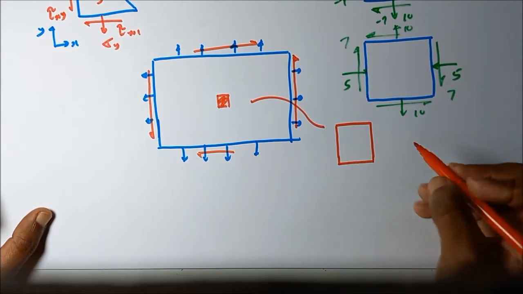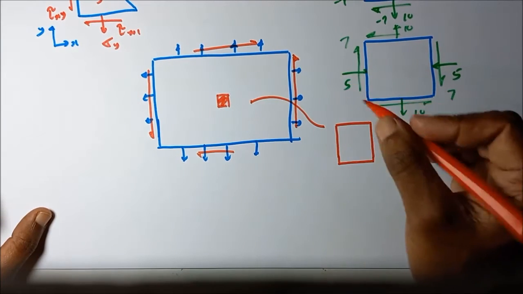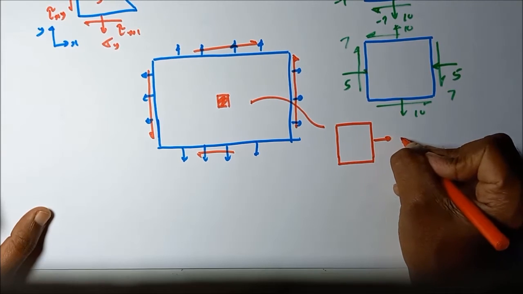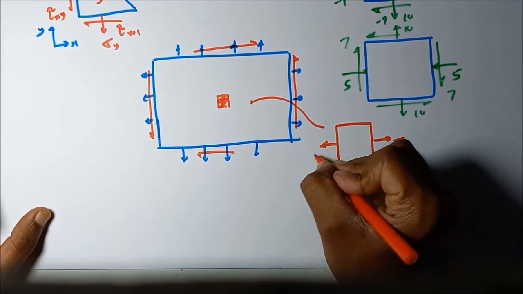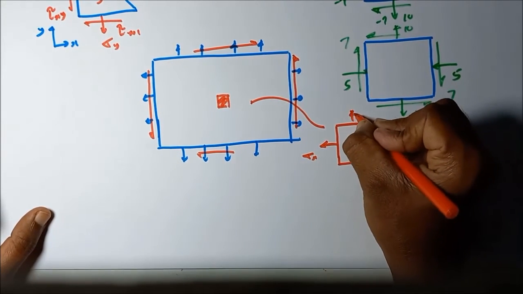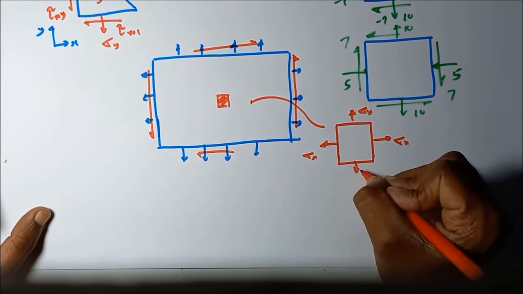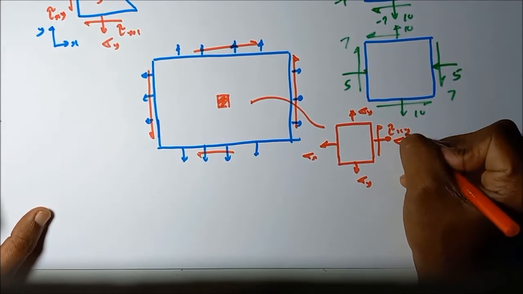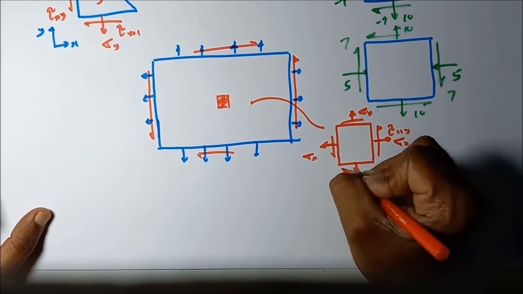So then the stress acting on this element we can represent in this manner: sigma x, sigma y, and also tau xy, like this.